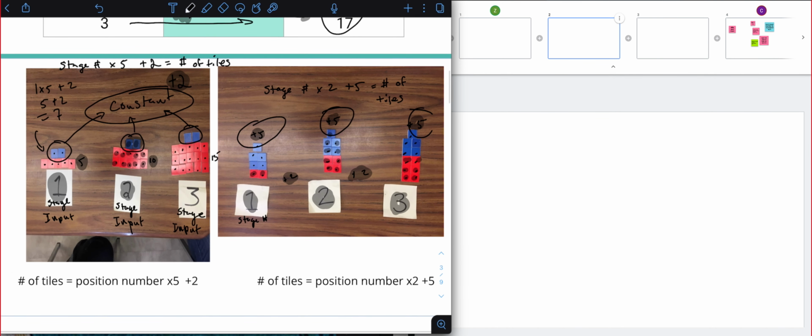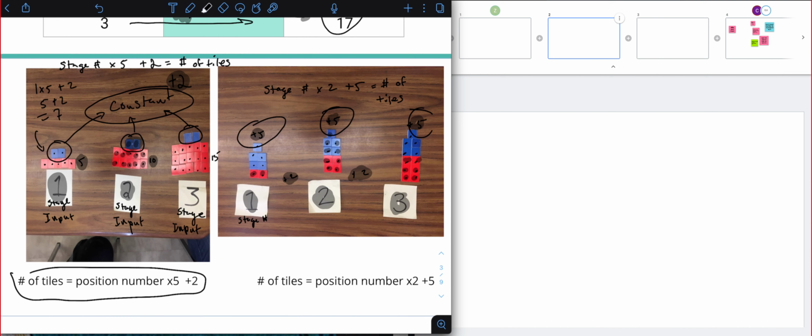You guys can see the reason why I picked this slide in particular. When I come down to look at the rules, you guys can see the number of tiles equals position number times 5 plus 2. That's what we wrote at the top. That looks very different. The pattern on the left looks very different from the pattern on the right. Correct?